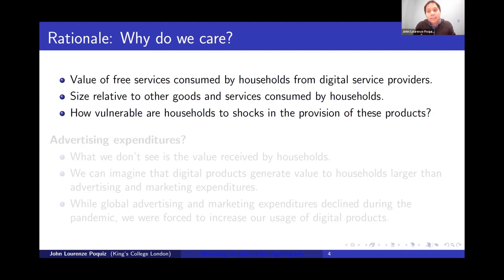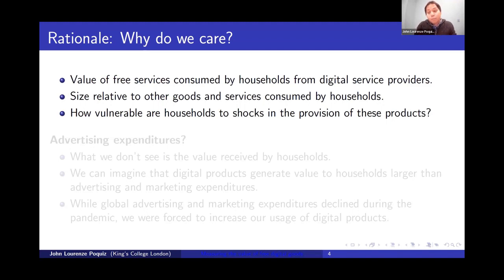Also, it gives us a sense of how vulnerable households are to shocks to these goods and services. For example, if WhatsApp or Gmail's companies decide not to provide these products for free anymore, by how much will households be affected? We can't necessarily see that in our measure of household consumption.